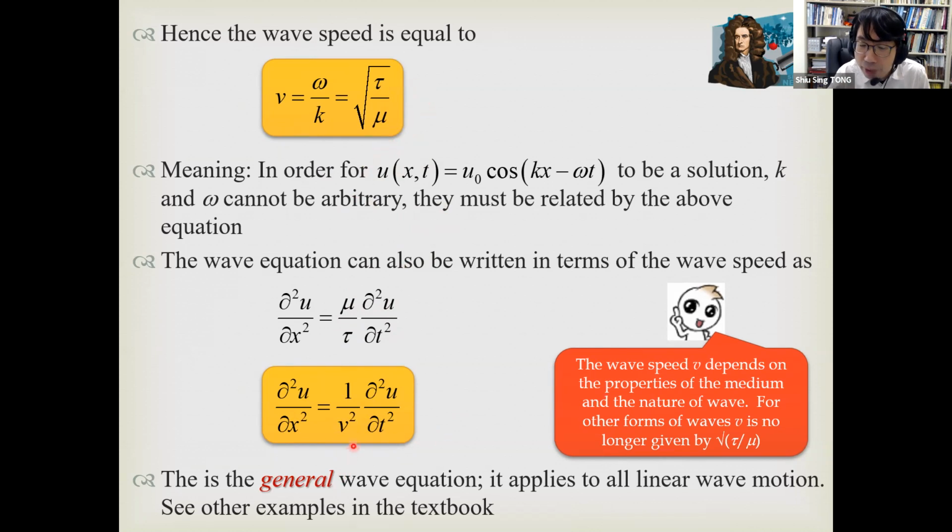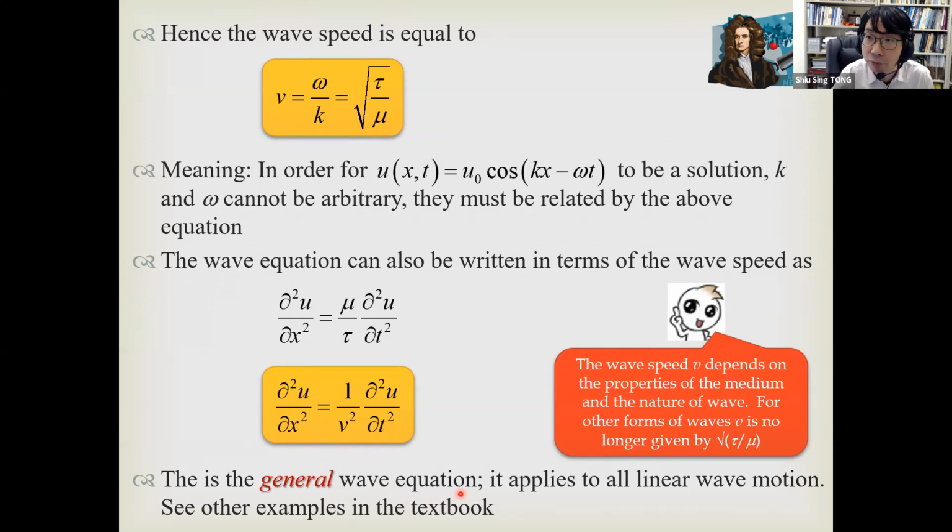It happens that when we discuss any other kinds of linear waves, we always obtain this equation, in which the wave speed is given by a term of 1 over v squared that goes together with the second derivative of u with respect to t. So this becomes the general wave equation.